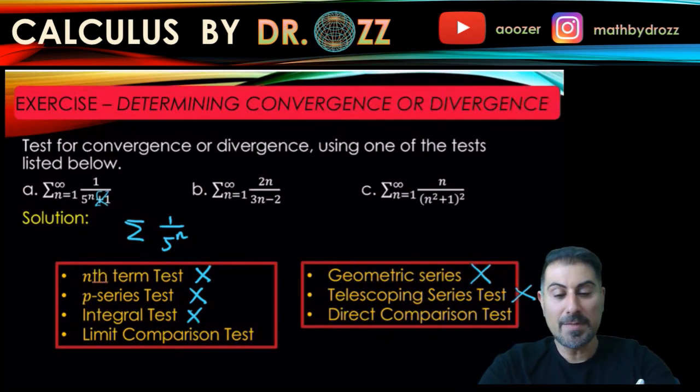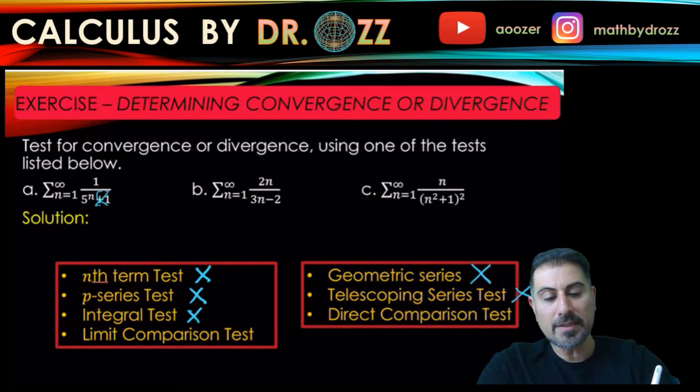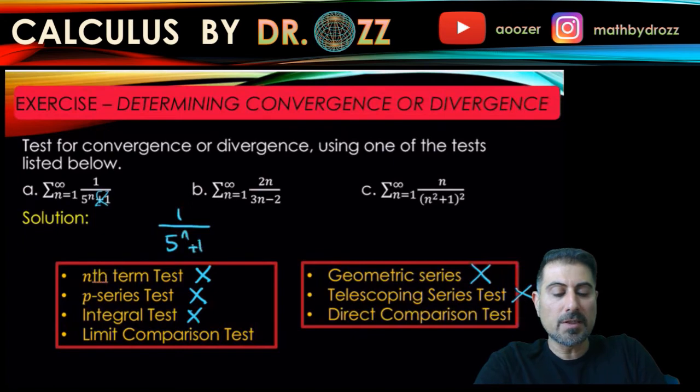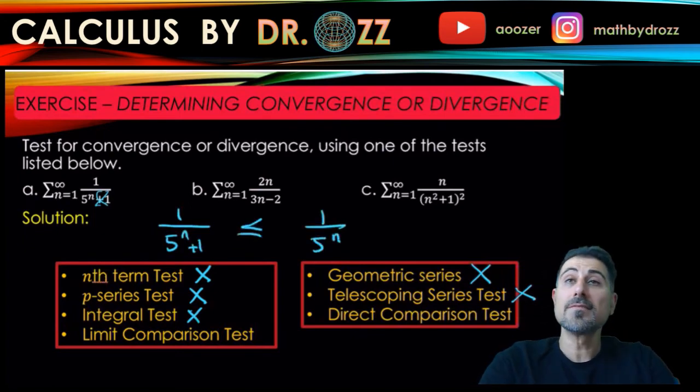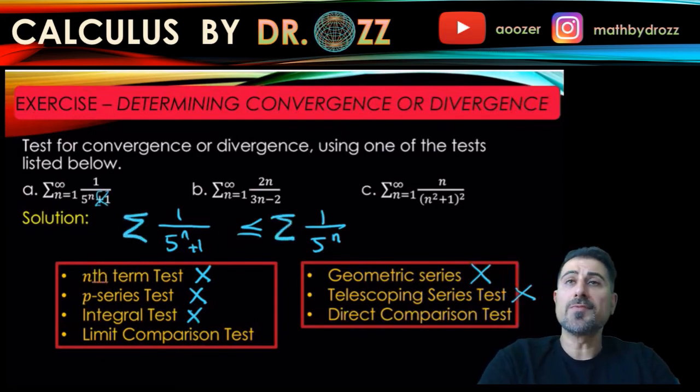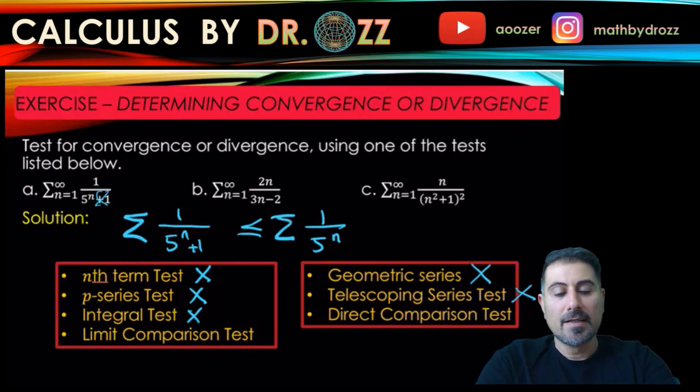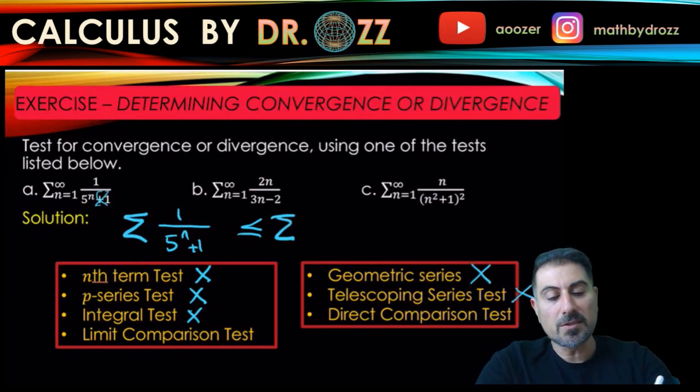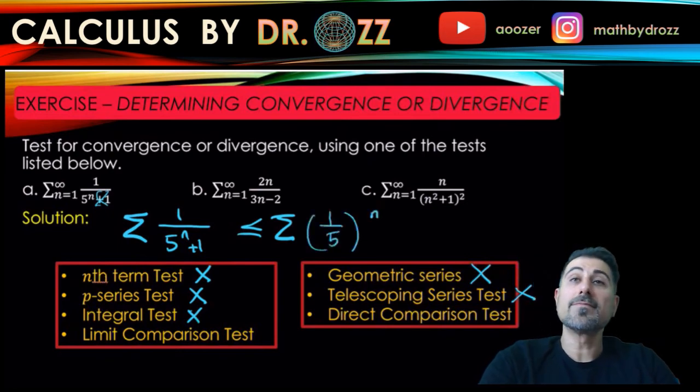I can immediately use the direct comparison test because I know that 1 over 5 to the n plus 1 is always less than or equal to 1 over 5 to the n, because you're dividing by a bigger denominator on the left. So the series would satisfy the same type of inequality. And as I said, this series is a geometric series for r equals 1 over 5.